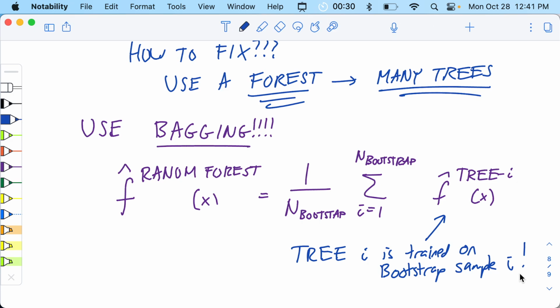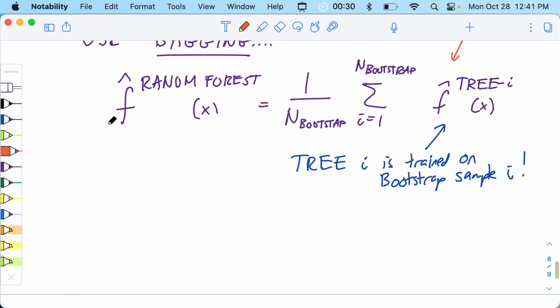By the way, this averaging is for regression, right? If it's regression, you can average them. If it's classification, you can just take the majority vote. So this is random forest regression, and for classification, you take the majority vote.